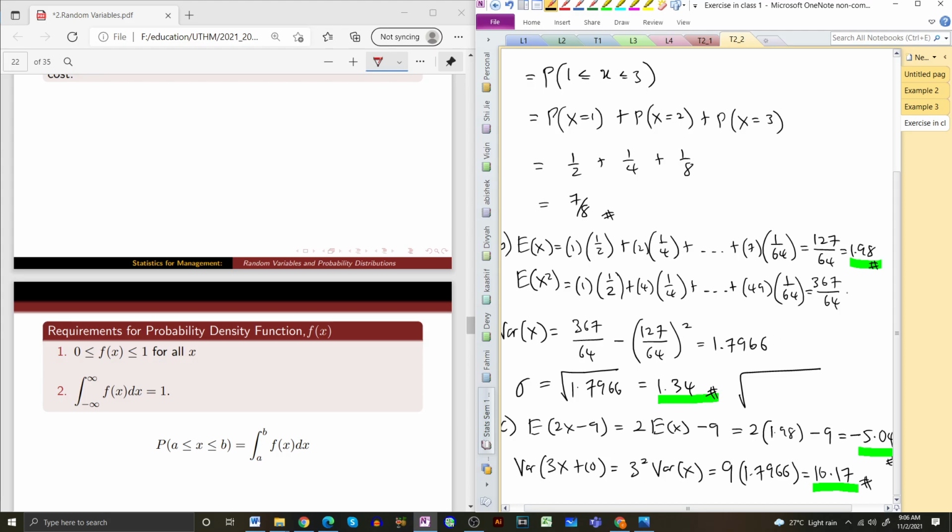Here you see 367 divided by 64. Are you using all the decimals? If I calculate here, 0.734375. Are you using this, or do you just take two decimal places? I just take two decimals. No, because in your calculator this is a finite decimal, it is not repeated.